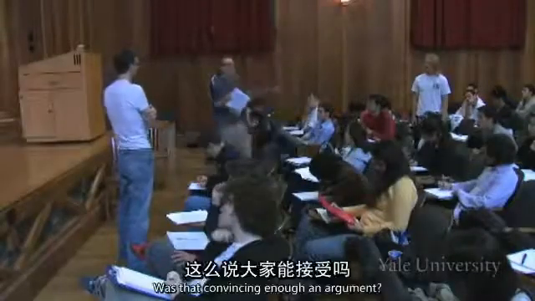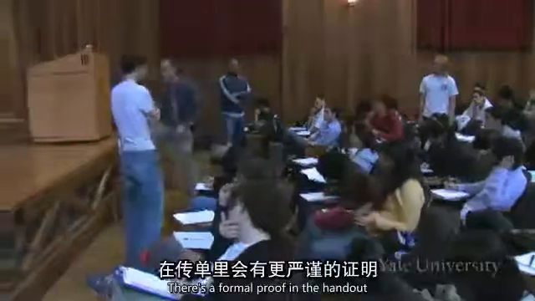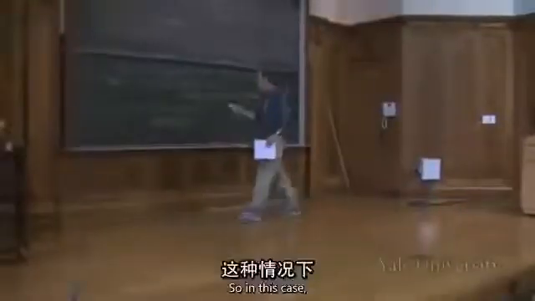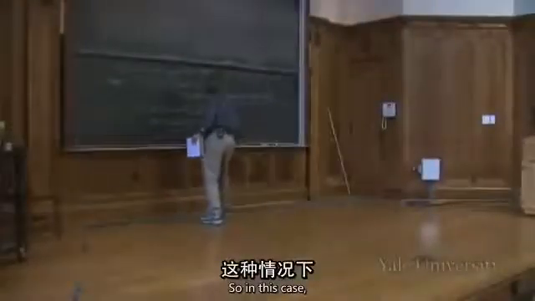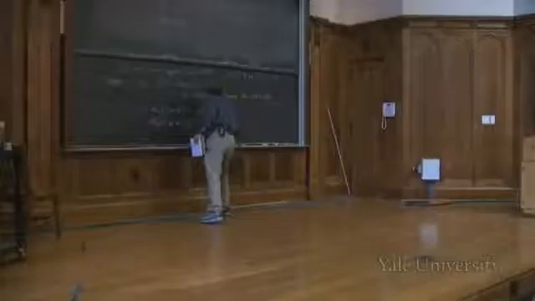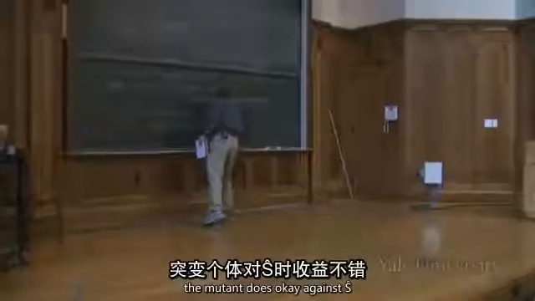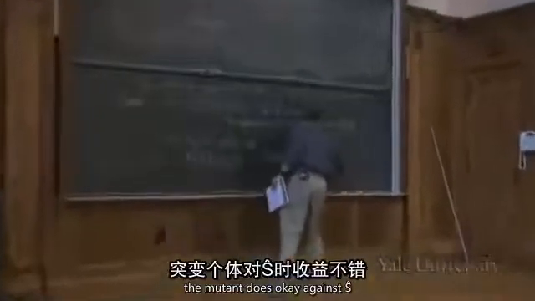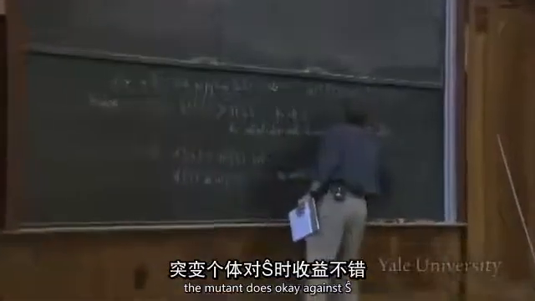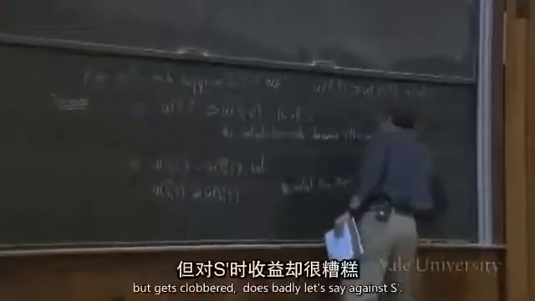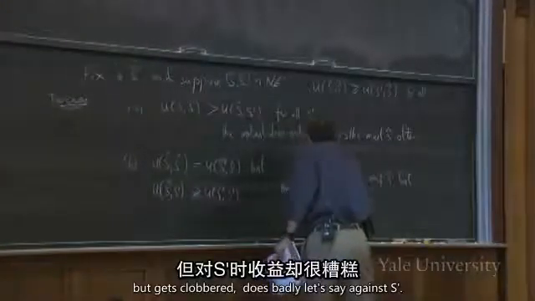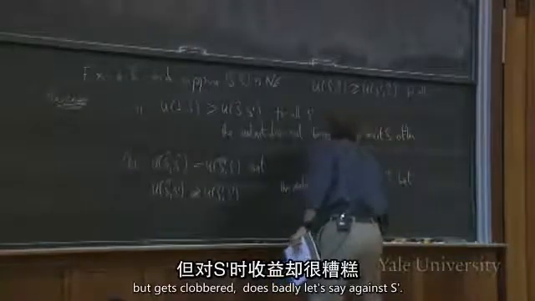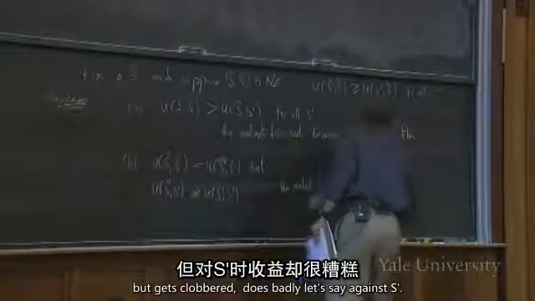Was that convincing enough an argument? There's a formal proof in the handout, but this will be enough to get us started. So in this case, the mutant does okay against S hat, but gets clobbered, does badly, let's say, against S prime.